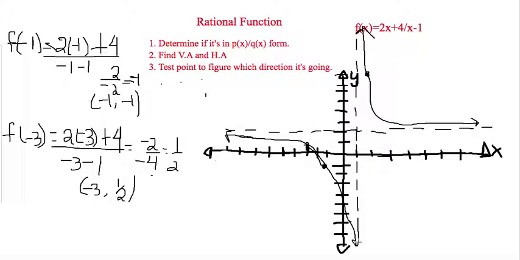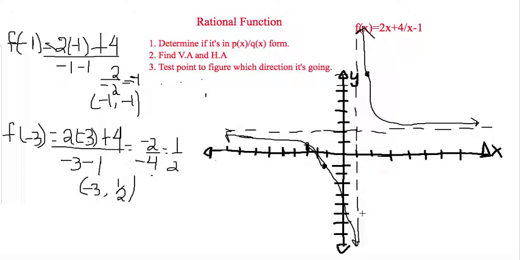The problem doesn't ask you the domain and range, but I can just tell you. So the domain would be from -infinity to 1, right? And then union, parentheses 1, comma, positive infinity.